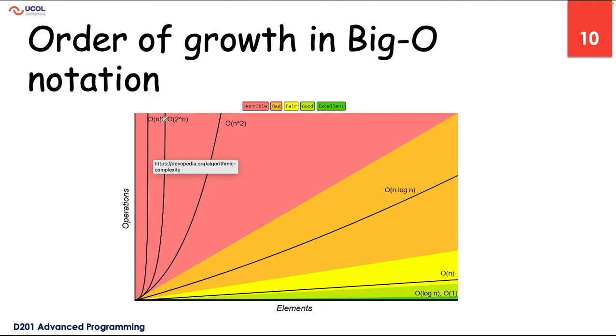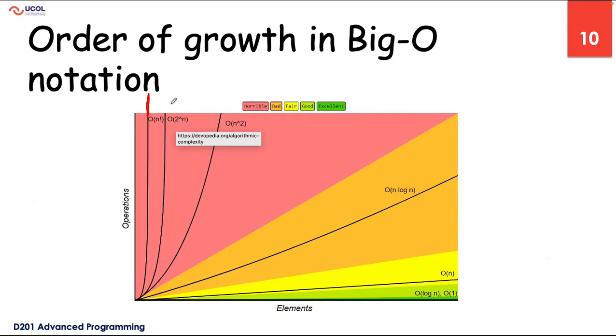If we have n factorial, this is the least efficient algorithm, because with the increase in the size of the problem, the running time goes up very rapidly. This is 2 raised to the power n, which is called exponential.